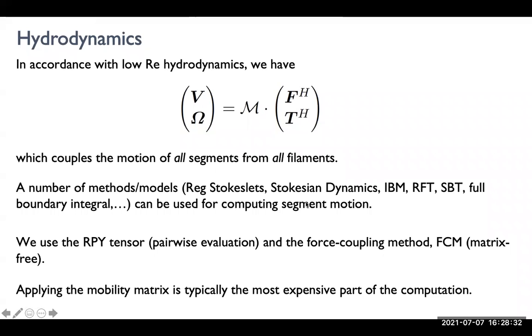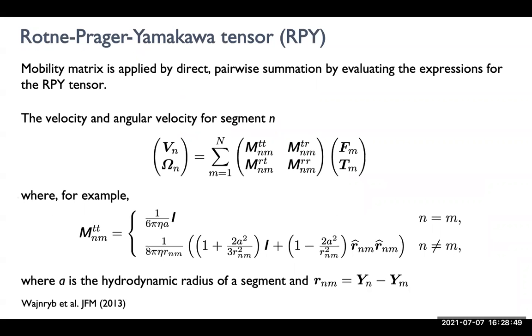Really, we think about this as a function in our code, which is: give me forces and torques, and it spits out velocities and angular velocities. Typically, this is going to be the most expensive part of your computation.